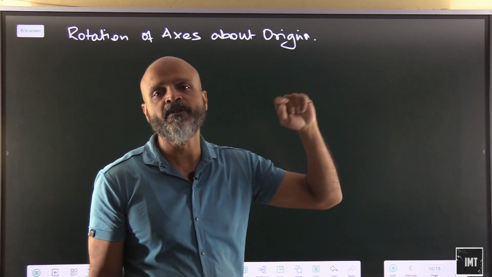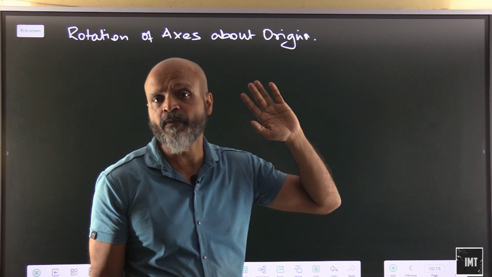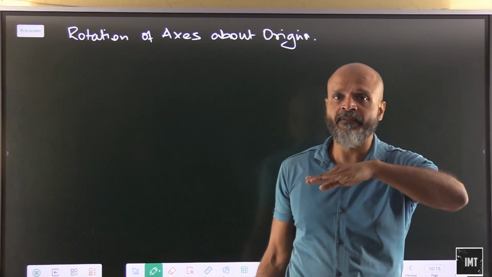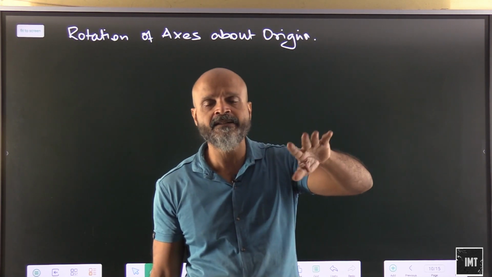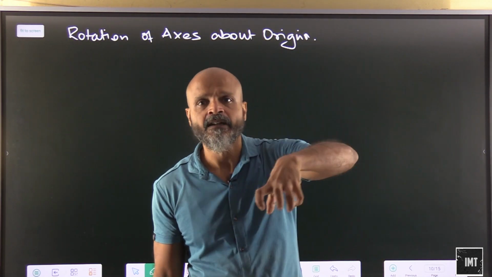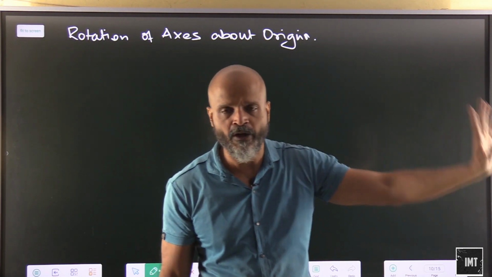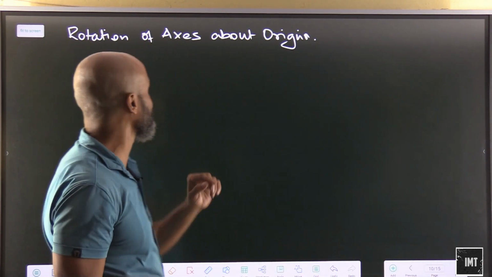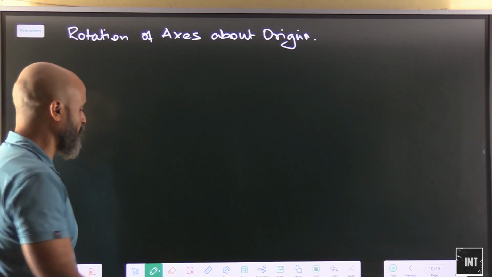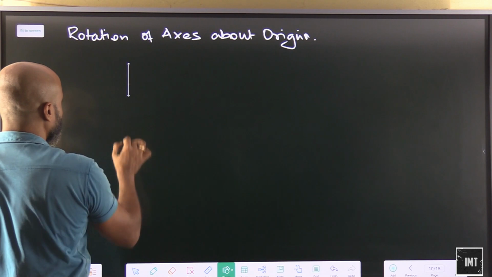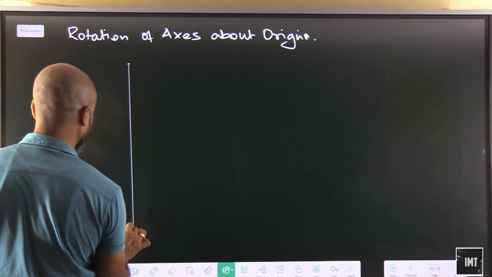On the basis of the new points h and k, we were finding out the equations, either the new equation from the given equation of the original axis, or the original axis equation from the new equation. Now what we are going to do is a rotation of an axis about the origin. So let's see how this happens. First of all, let's draw the x and the y axis out here.